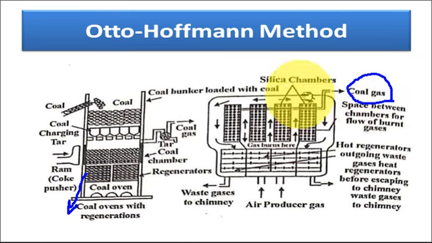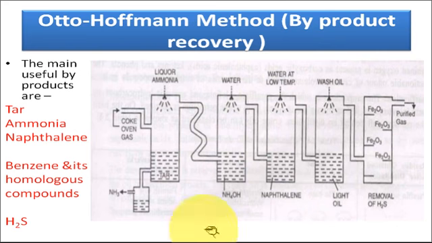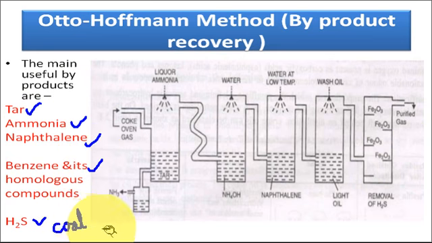This coke oven gas is collected and driven through the recovery plant. This is the recovery plant. As I just discussed, the various useful byproducts are present in this coke oven gas. So the recovery plant contains various chambers to separate out all these useful byproducts.